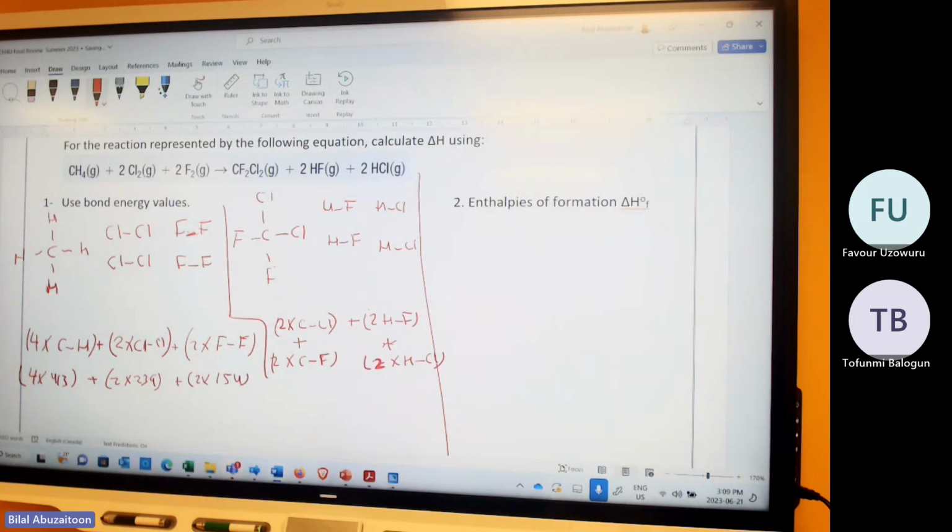So now the total. You have calculators. 4 times 413.